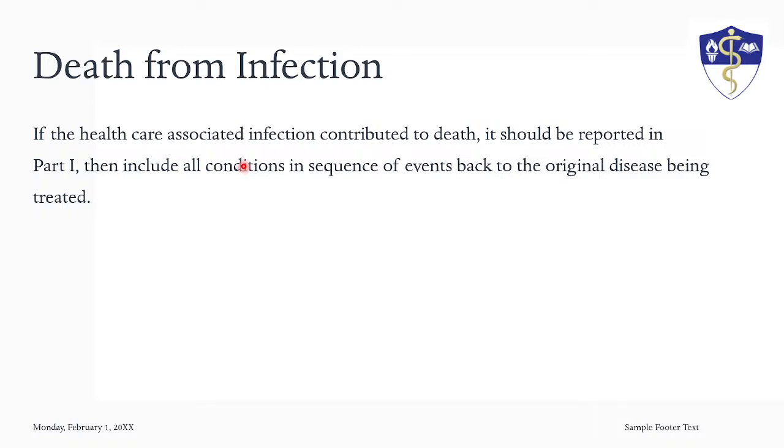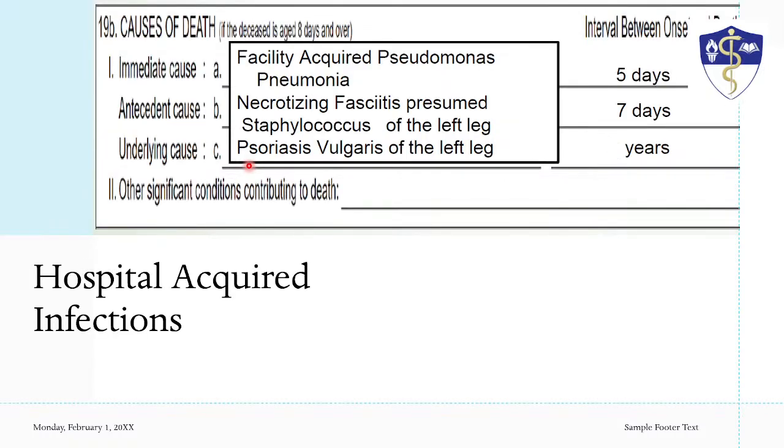But if the healthcare associated infection contributed to death, it should be reported in part one. Then include all conditions in sequence of events back to the original disease being treated. Facility acquired Pseudomonas pneumonia. This is their slide, I did not tamper with this one.